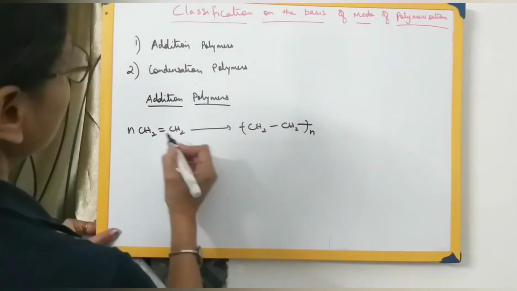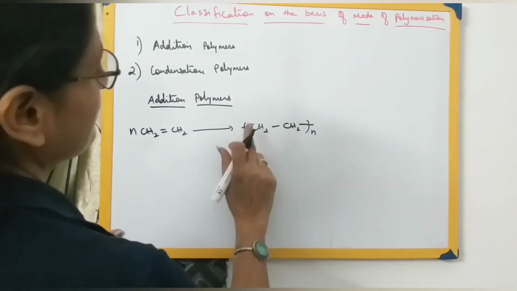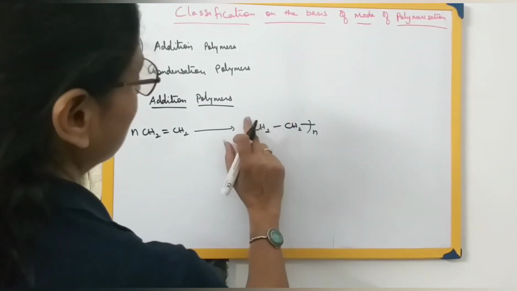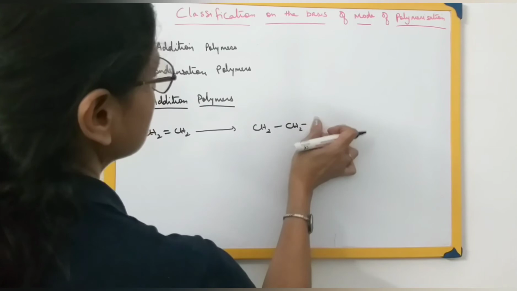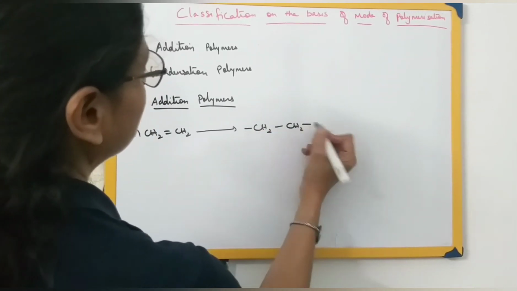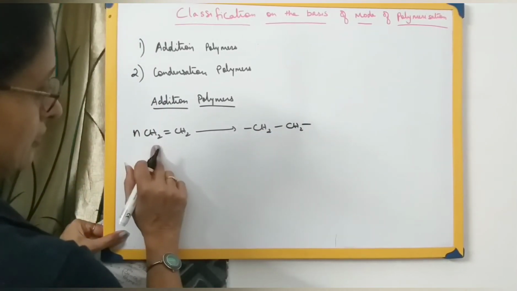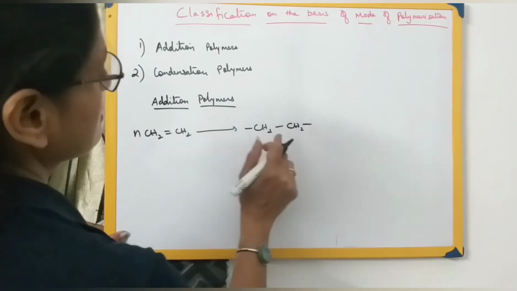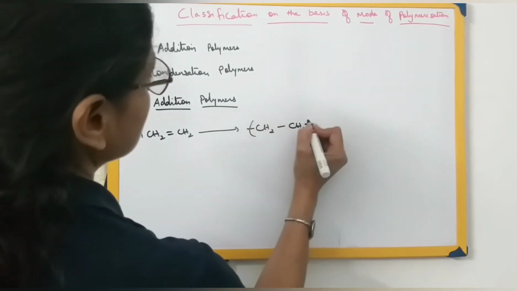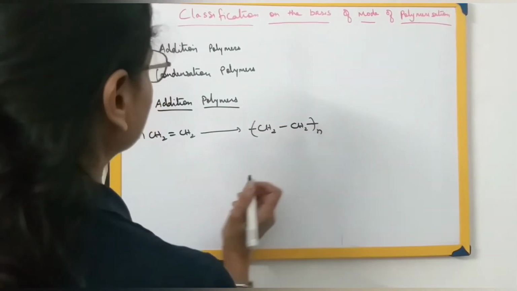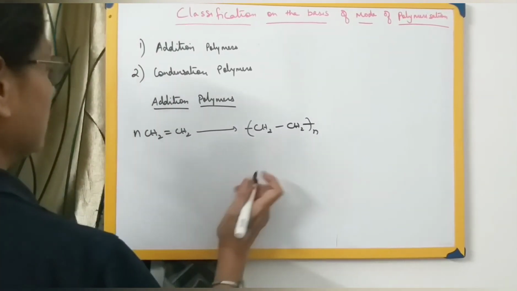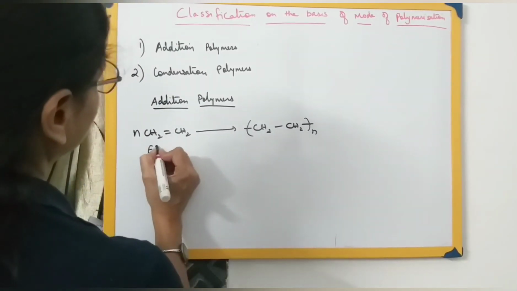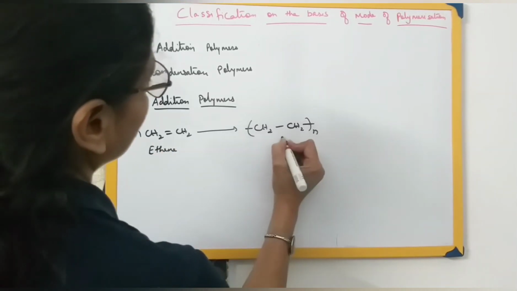So this is a monomer, and if you are not writing it in brackets, this is simply the repeat unit. I repeat once again, this is the monomer for formation of polythene. This is a repeat unit. When this repeat unit occurs n number of times, it leads to the formation of polythene. So this is your ethene, this is polythene.